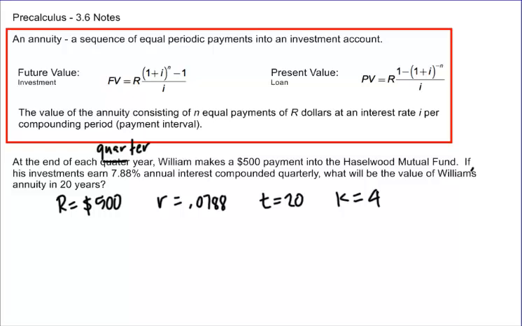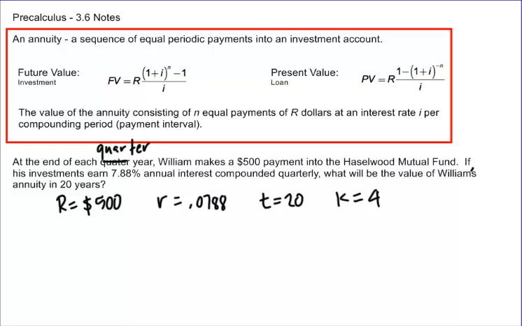Okay? And so basically when we set this up, we need to figure out what I is. I is the equal number of R dollars at an interest rate per compounding period.